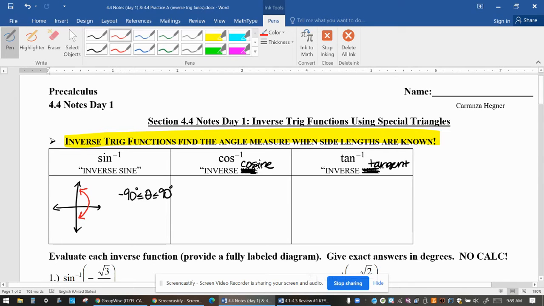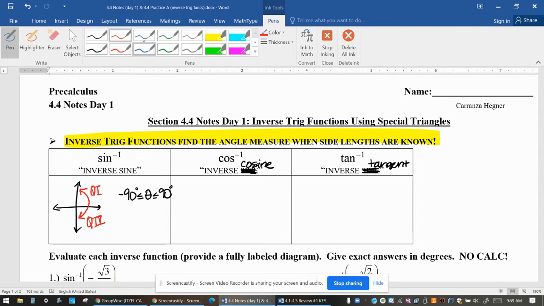Okay, so those quadrants, that's Q1 and Q4. But again, you can't just pick any angle with a terminal side that lands in quadrant 1 or quadrant 4. It has to be an angle between -90 and 90. Like I said, it can equal 90.